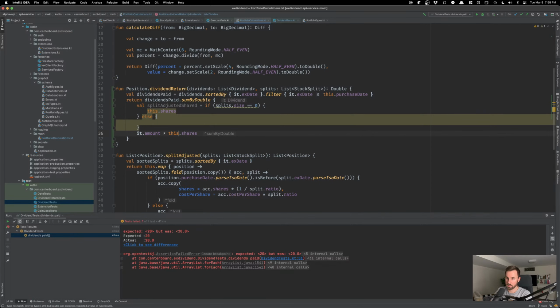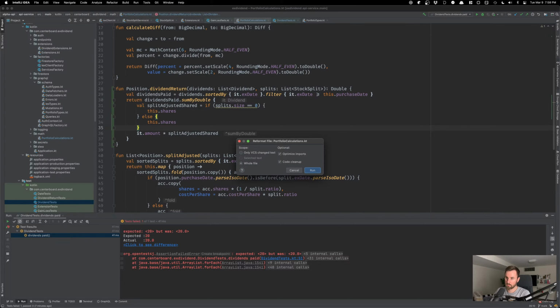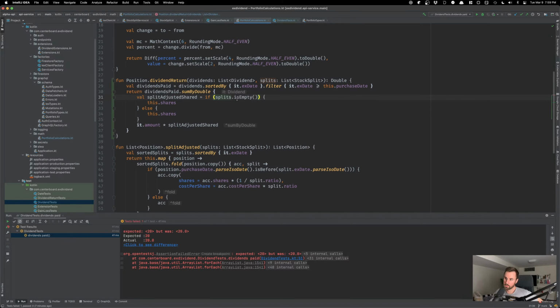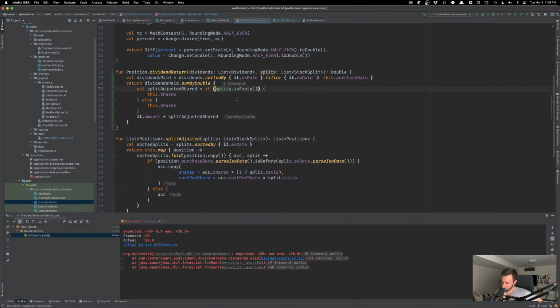Otherwise, we need to get the, this is going to say check is empty. So if it is empty, we just return the number of shares. Otherwise, we have to get the split adjusted shares. And we can compose and use that other function to figure out how many shares we had. So let's do that. Can we do that?